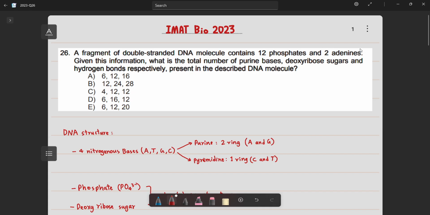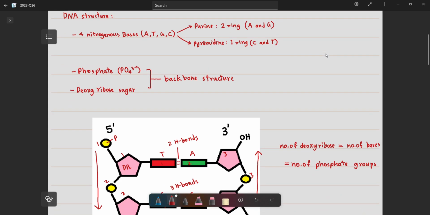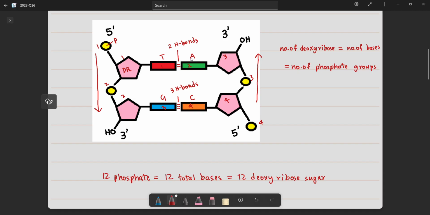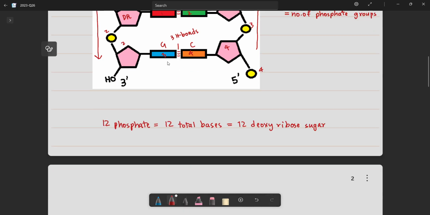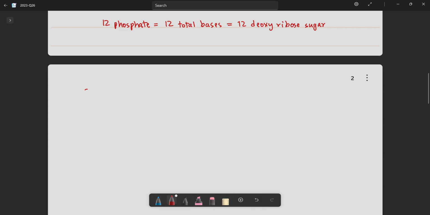As I mentioned in the diagram, adenine base pairs with thymine, so if there are two adenines, then there are two thymines. Similarly, the number of guanines will be equal to the number of cytosines, but since we're not given that information, we must find out the number of guanine and cytosine.